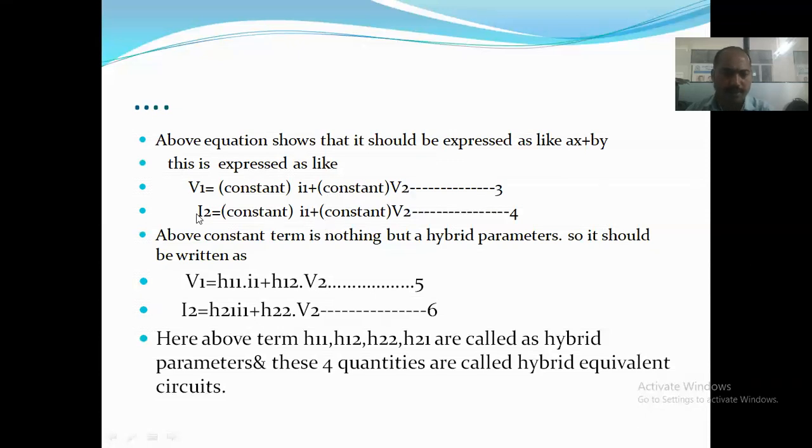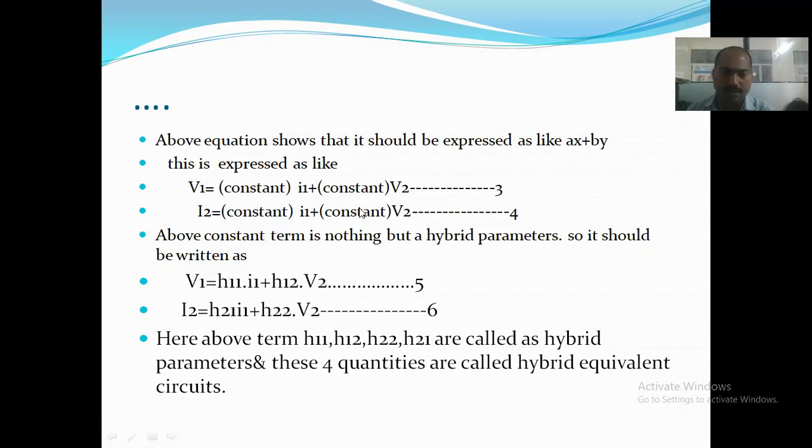Okay, for the purpose of I2, same way, constant into I1, right? But which constant? H only. For that h, we have seen that parameter with respect to current 2 and the multiplying factor current 1. So that's why it is h21, right? So I2 is equal to h21 I1, plus constant into V2, right?